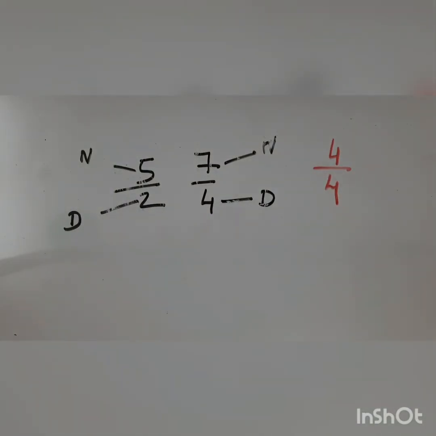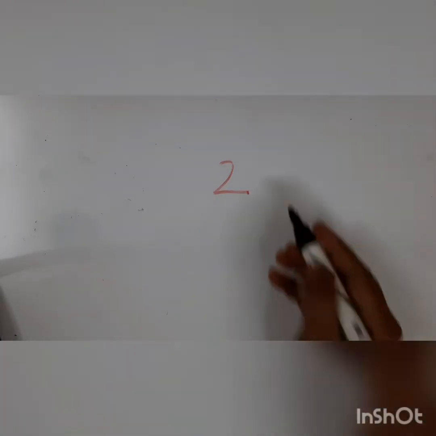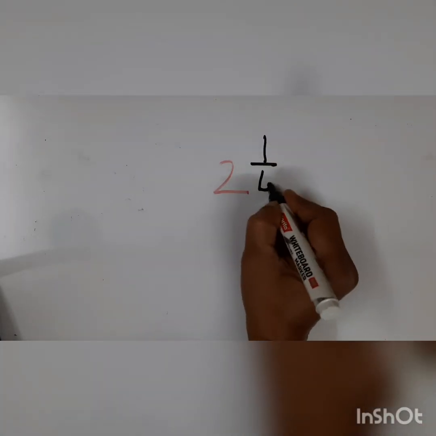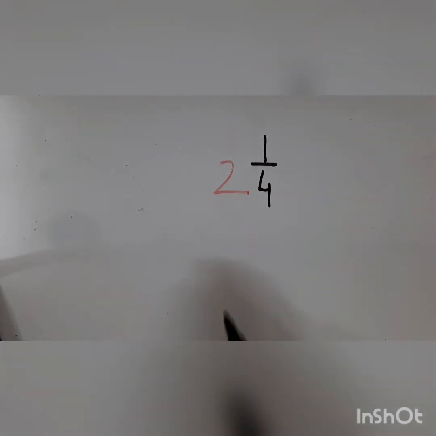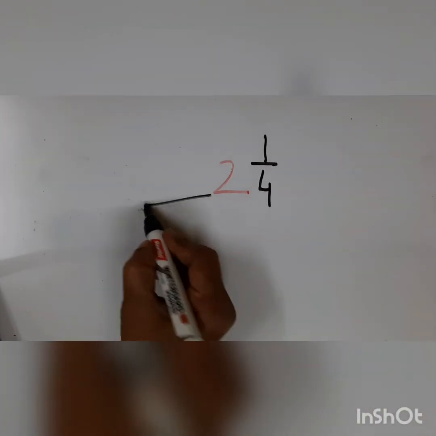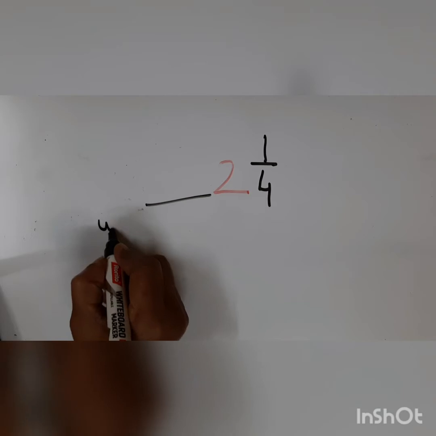Now children, what's a mixed fraction? This also we had done today. What's a mixed fraction? Give me the same example, children. 2 1/4. Okay. Now children, this 2 over here, what's this 2? This is your whole number part.